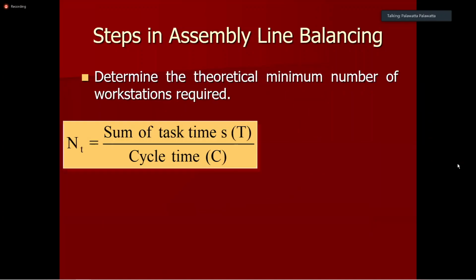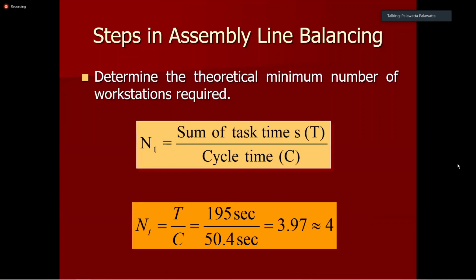And then determine the theoretical minimum number of workstations required. The sum of the task times, to complete all the tasks, is 195 seconds. When you divide that by the cycle time, you get 3.97.